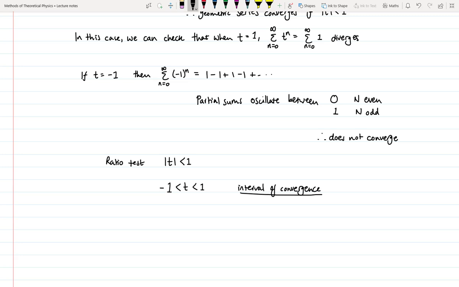And it's important to note that usually you have to check explicitly what happens at the boundary of this interval separately to find out whether or not the series converges there. This interval of convergence will be generalized later to a radius of convergence, so radius of convergence in the complex plane for complex numbers.